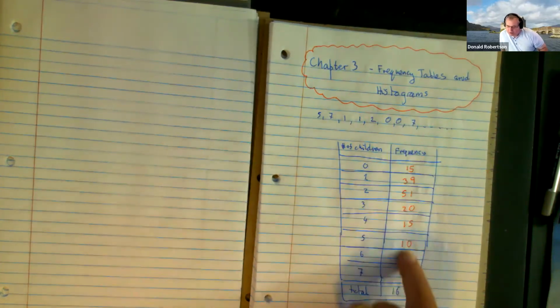And this data is now in the form of a table. Can you see that it's a little bit easier to see what's going on? For instance, if I said to you, what's the most common number of children in a family? You would say, having 2 children is the most common, and 51 out of 160 of them fell into that category.